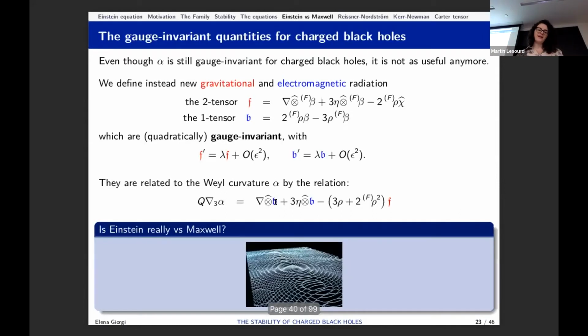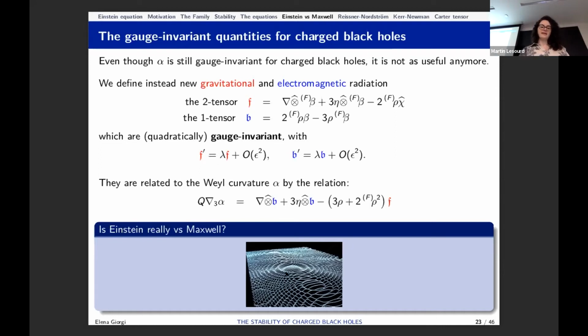And you may ask, which one is the gravitational and which one is the electromagnetic radiation? Of course, this is like asking, I don't even know how to compare it, but if we write the Einstein-Maxwell equation with the left-hand side equal to the right-hand side, there is really no difference between gravitational and electromagnetic radiation in the moment you're looking at the full picture, both radiations coupled together.